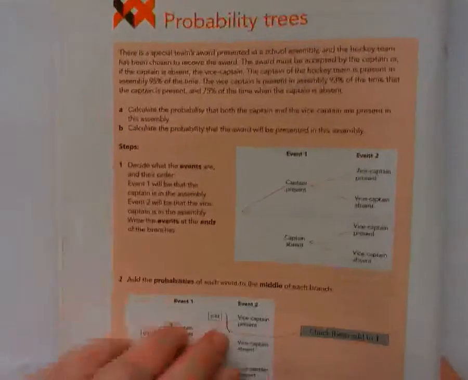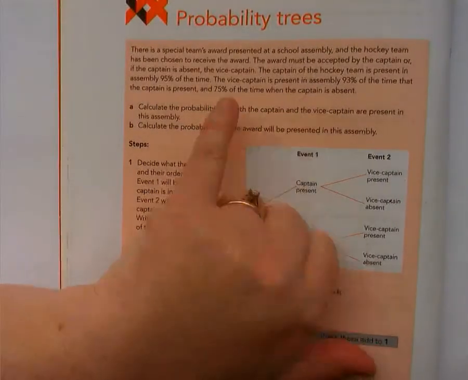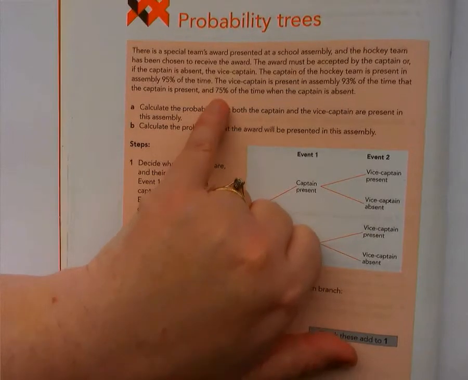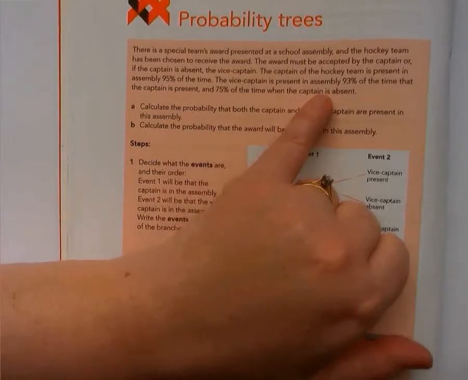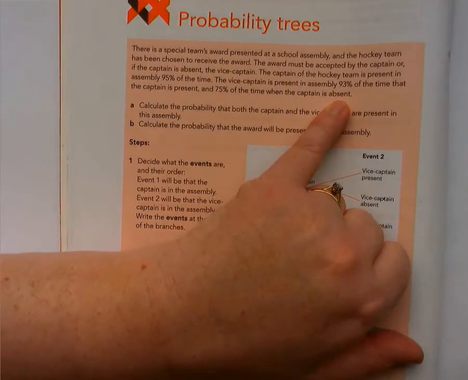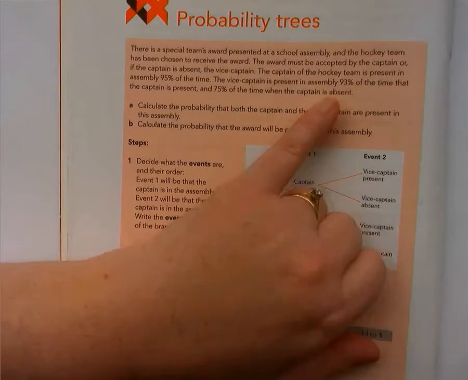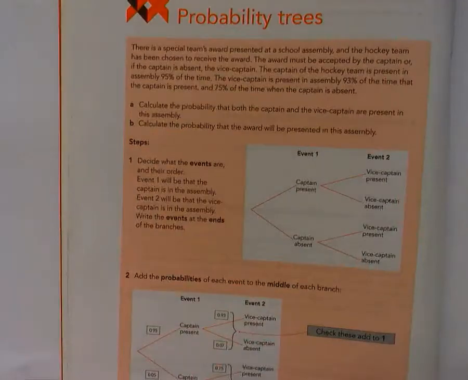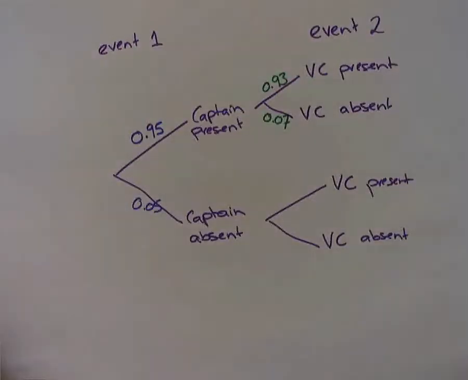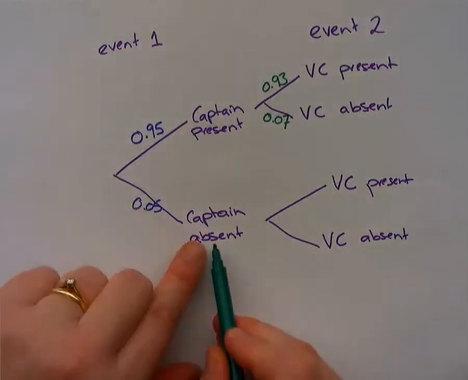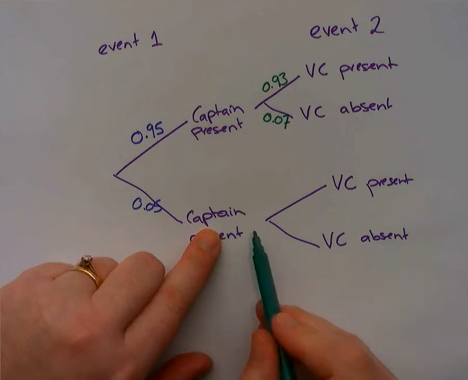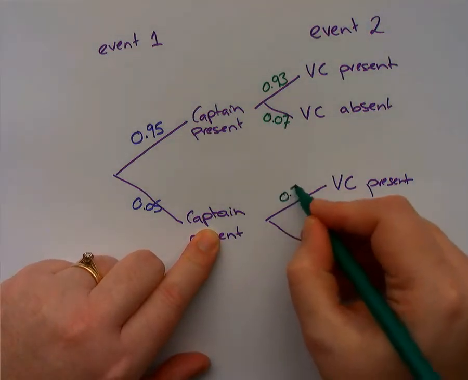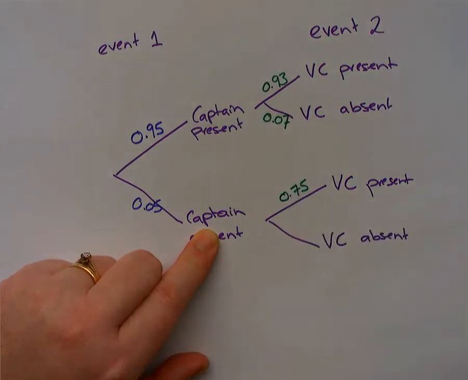Then we look at the third step. The vice captain is present in assembly 75% of the time when the captain is absent. So now we're talking about when the captain is absent, and 75% of that time the vice captain is present, or 0.75.